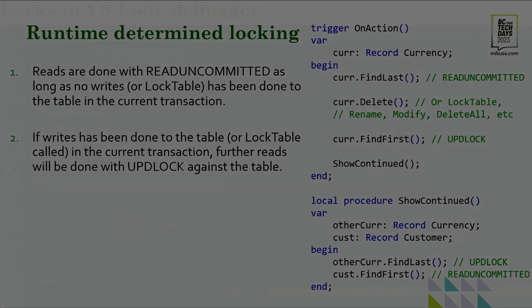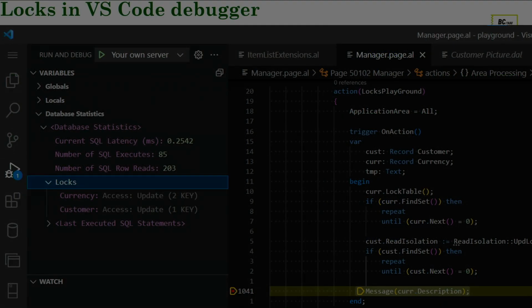Now, I think these rules are something you can actually apply to your code to some degree if you really wanted to, but that's a bit tedious. It sounds kind of boring if you had to do that with a couple of thousand lines, maybe more, I don't know. So in version 21, we introduced the ability to see which locks you are holding in the current transaction via the Visual Studio Code debugger.